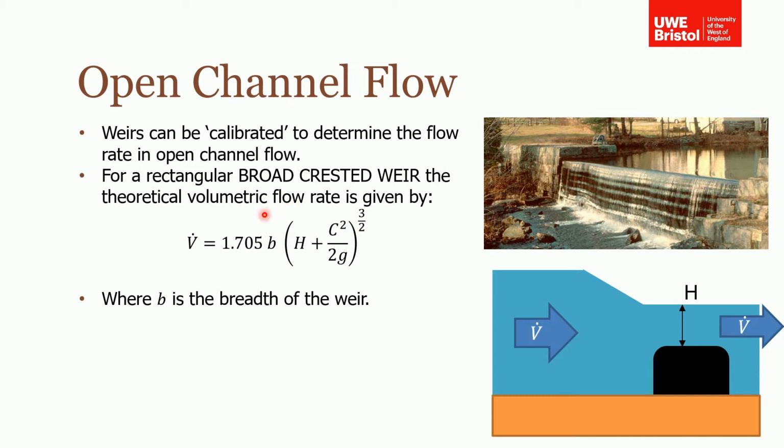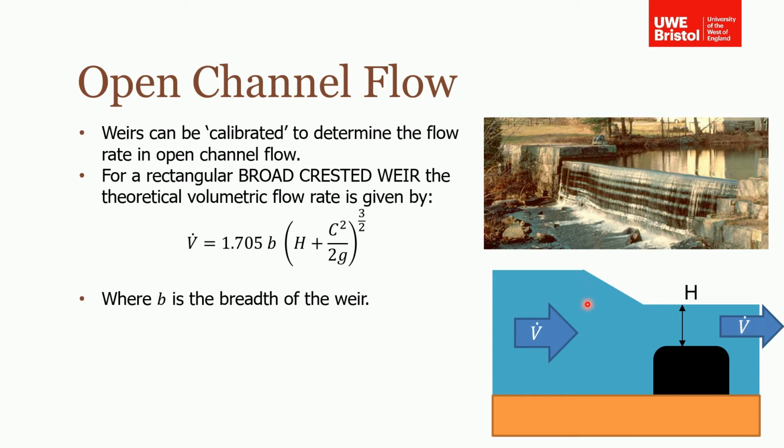I'm not going to derive the volumetric flow rate for these types of weirs because it's a little bit more complex than the Bernoullis that we've been using up to now. But essentially, as with any of the systems we've been considering, the volumetric flow rate in has to be equal to the volumetric flow rate going out.